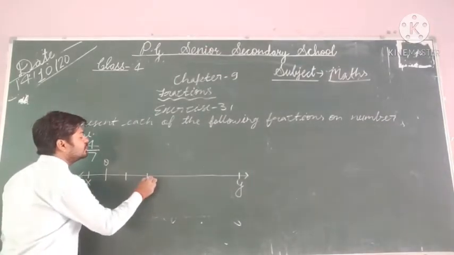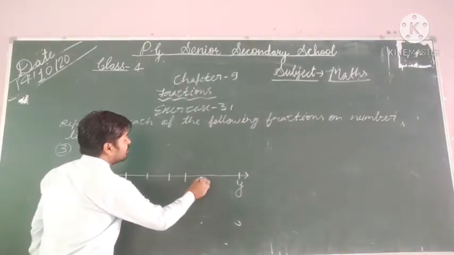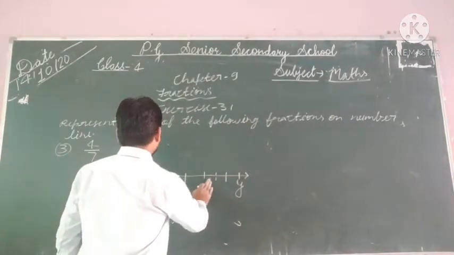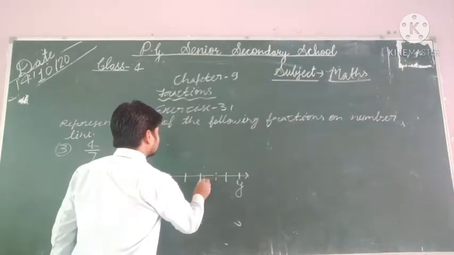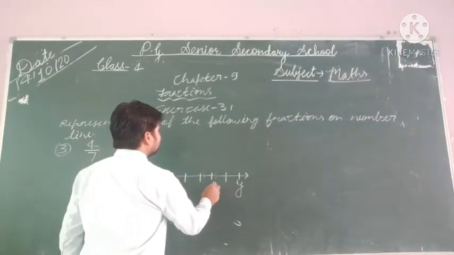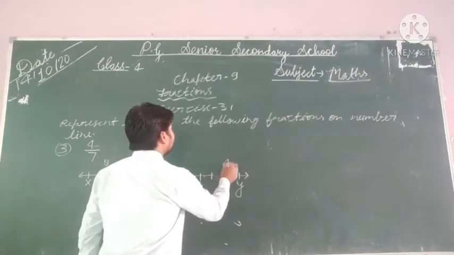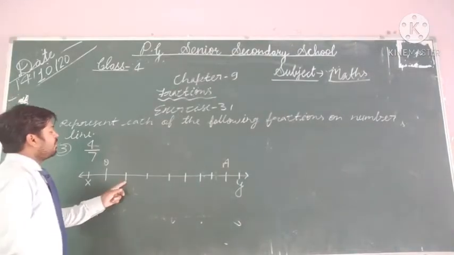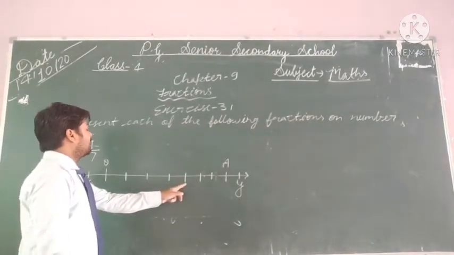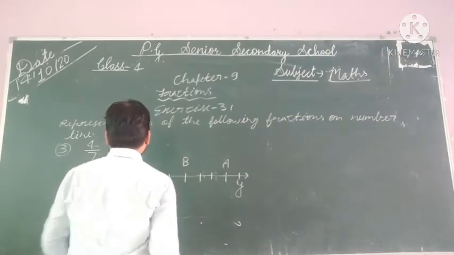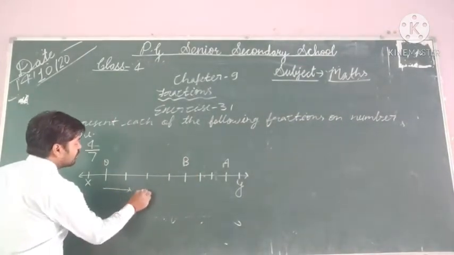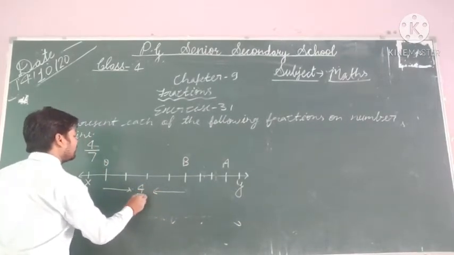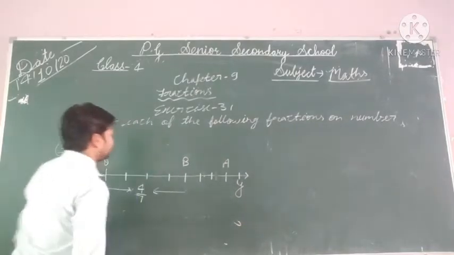So 1, 2, 3, 4, 5, 6 and 7. At the 7th part it will be A. So which fraction do you have to represent? 4 by 7. 1, 2, 3, 4. So here you have to write B, and like this you show OB represents the fraction 4 upon 7.